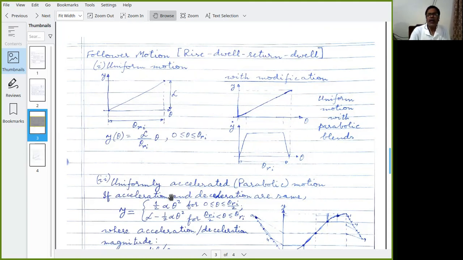So you may say, okay, let it rise uniformly during this entire theta rise. In that case, this would be the analytical expression.